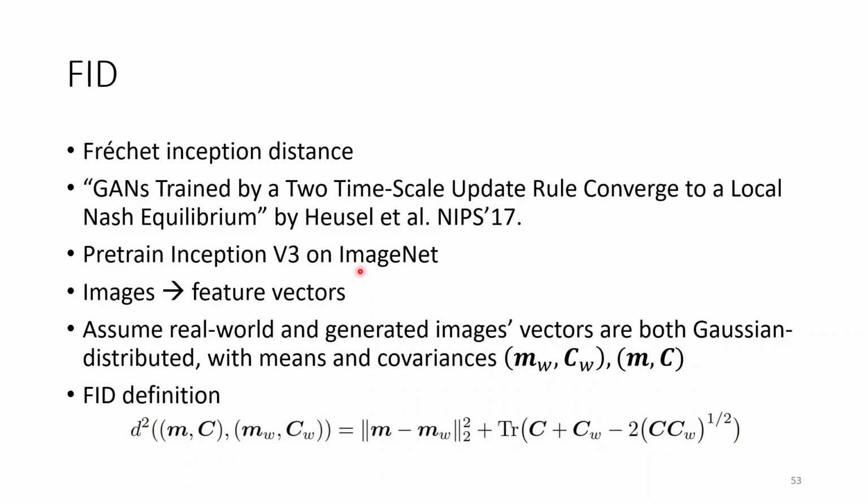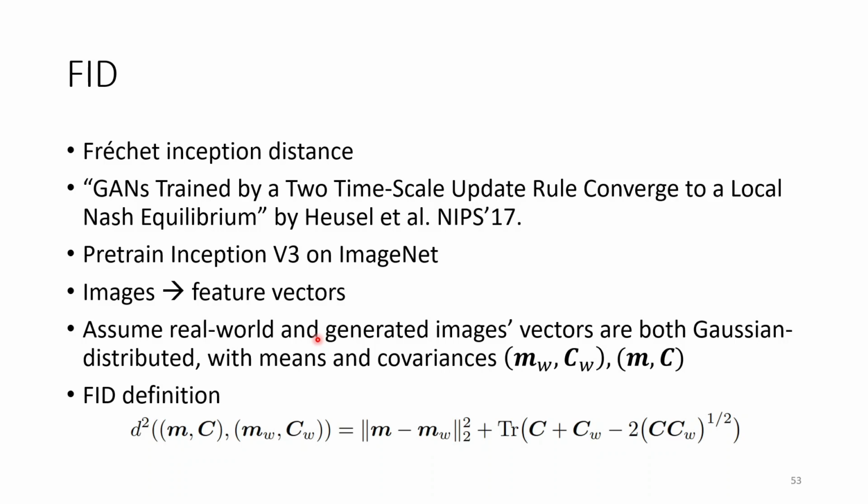Then it assumes if there are 2 groups of images, one is the real world images, and another is the generated images, and if they are highly similar, then there are a lot of features in the feature space. The mean and the variance of the 2 groups of feature points should be similar.